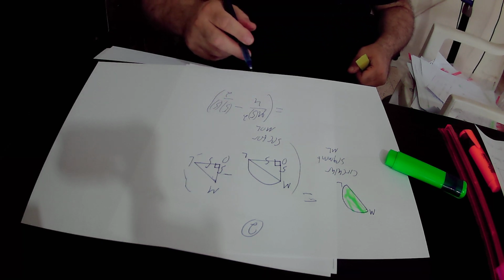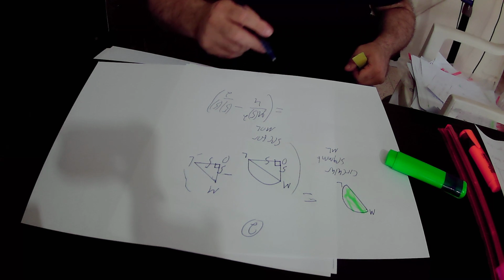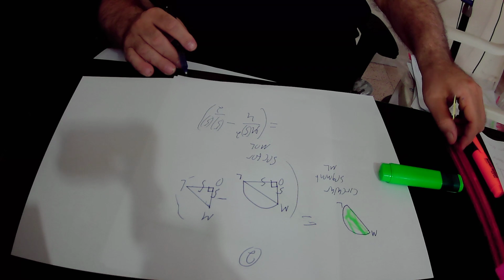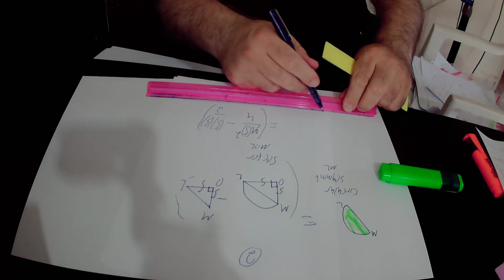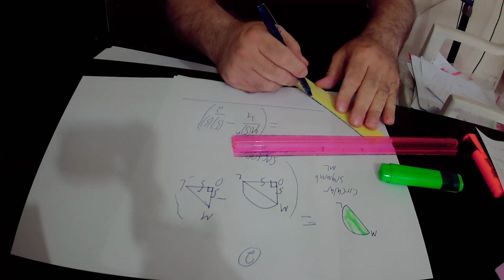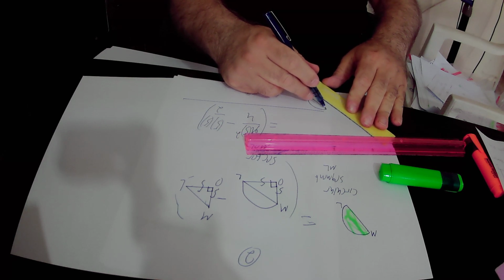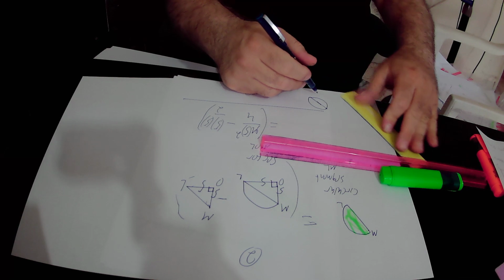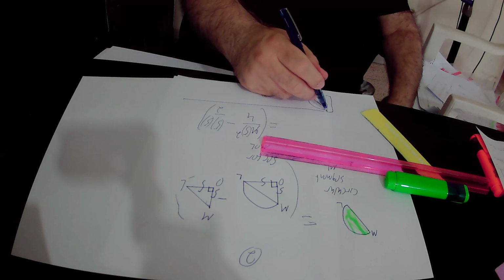Now we will multiply this area by 2 and we will get the area of the blue shape, the blue lens, of course.